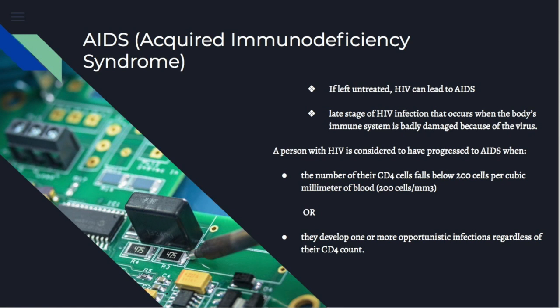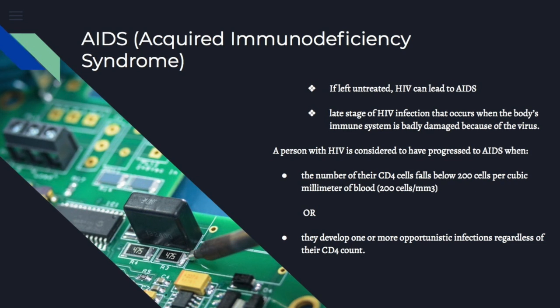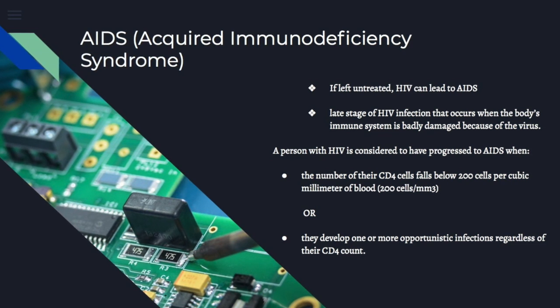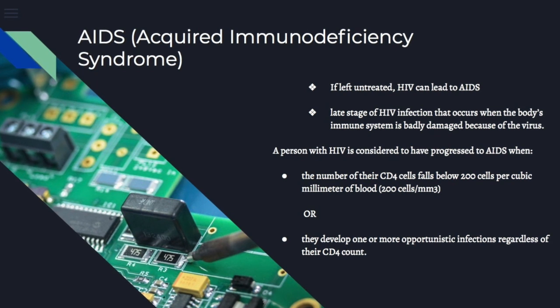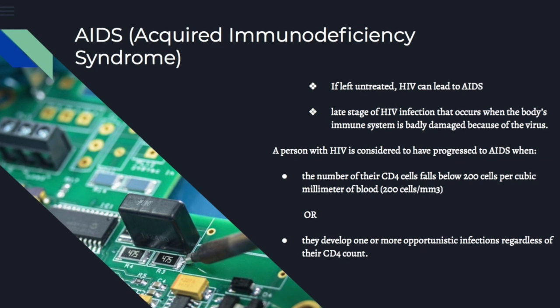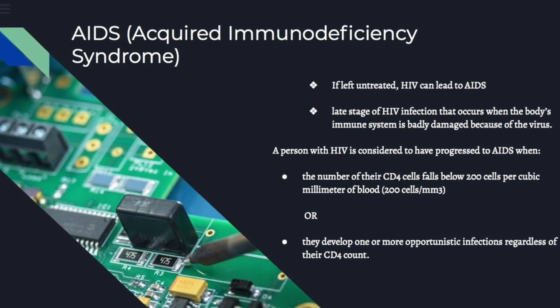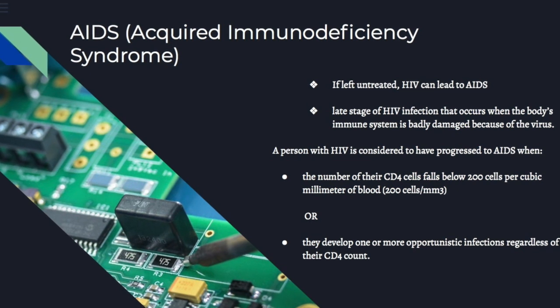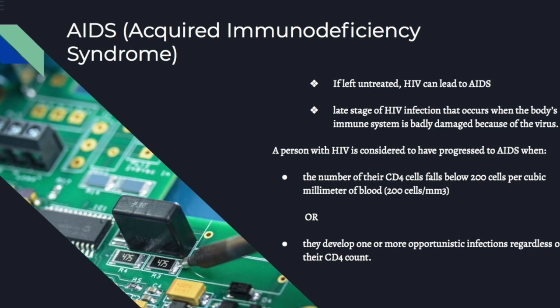So AIDS is a syndrome that is associated with HIV. If left untreated, HIV leads to AIDS, and it is the late stage of an HIV infection that occurs when the body's immune system is badly damaged because of the virus. So we discussed what defines the AIDS stage already when we were discussing the classification of this disease.